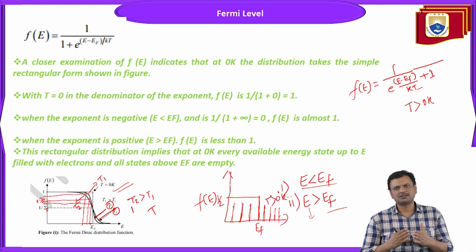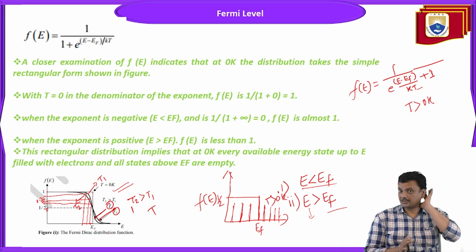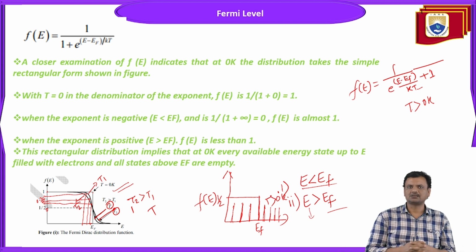So there is a 75% chance that these levels will be occupied, but still a 25% chance that these levels will be unoccupied.